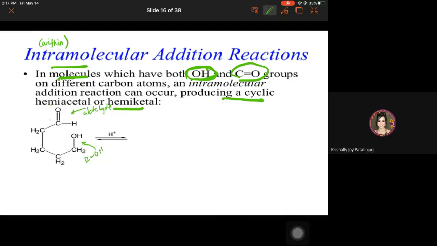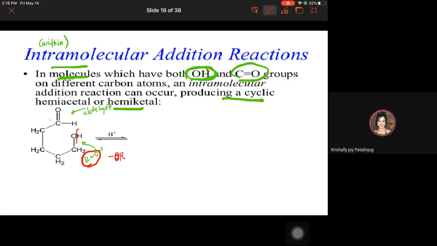intramolecularly. Okay? So what happens during the intramolecular addition reaction is that this OH group in the alcohol part will be deprotonated first, to produce the nucleophile, OR. We need the nucleophile because this is a nucleophilic addition reaction.